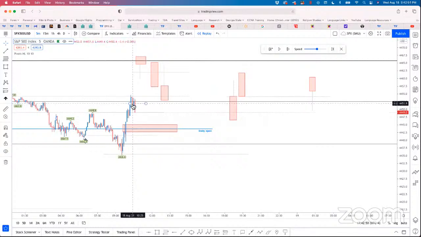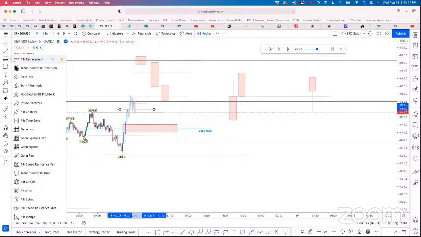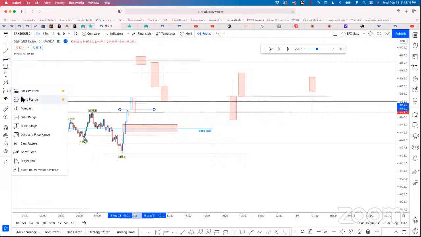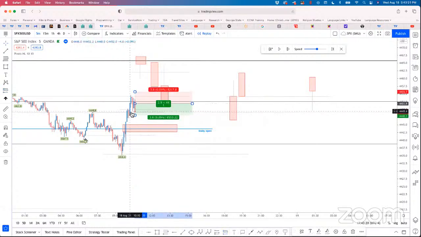So as soon as I saw this setting up, and I see that it came back to this area, this is a rebalance as well, right here. If price can't hold this area, you're going to be looking for it to come back to this area, right? This is where the sell came from, this area right here, and this area right here.